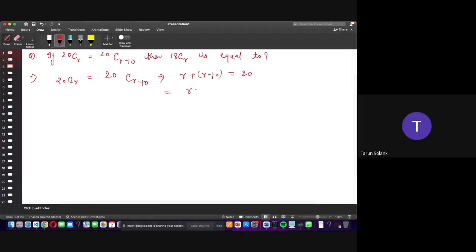So here r is equal to 15. So next, 18Cr is equal to 18C15, that is 18C3. That is 18, 17, 16 over 1, 2, 3, that is 816.